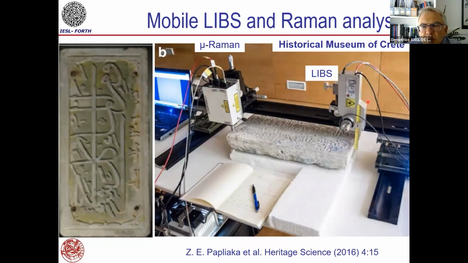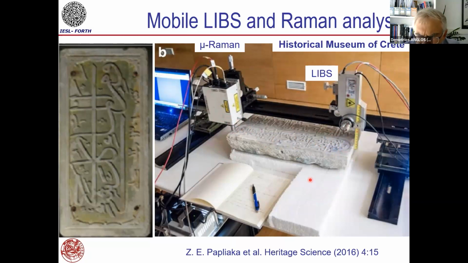We have the LIBS probe head on the right, and they do their analysis. We can work in parallel. We cannot go to exactly the same point. However, both instruments are equipped with cameras, and we can find with very good accuracy and point at the same area first with one, next with the other.